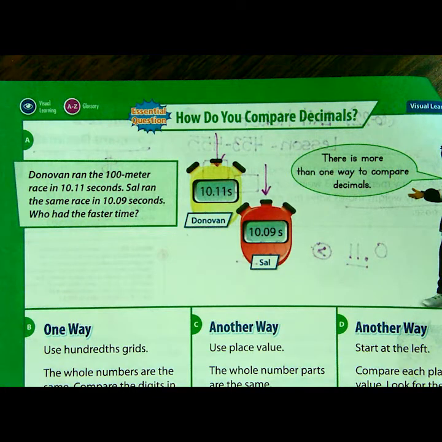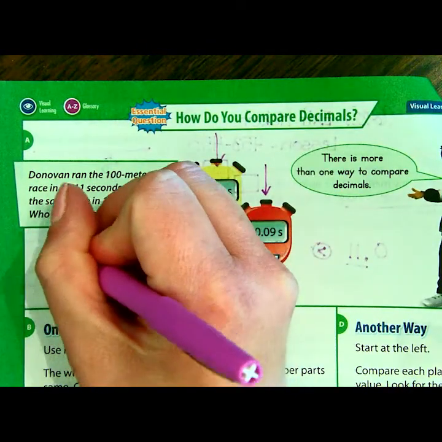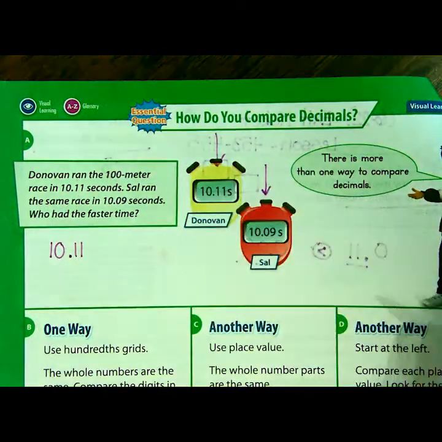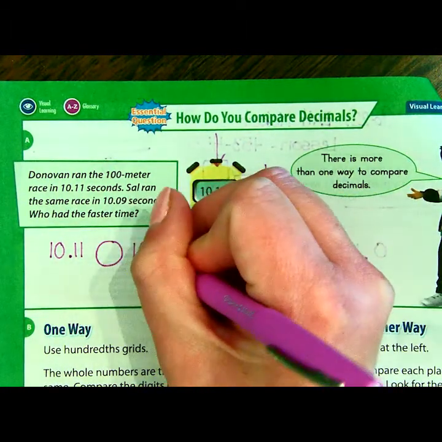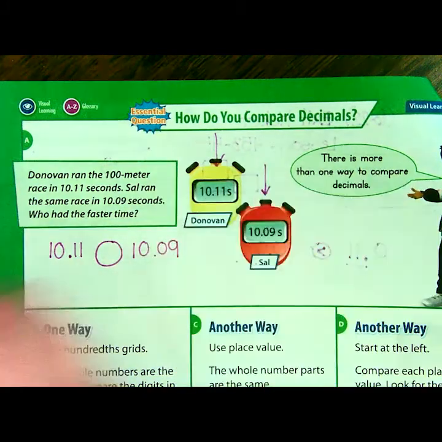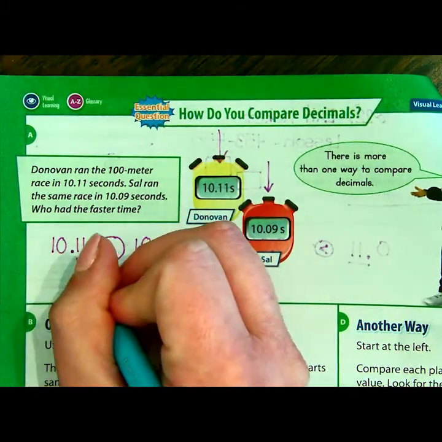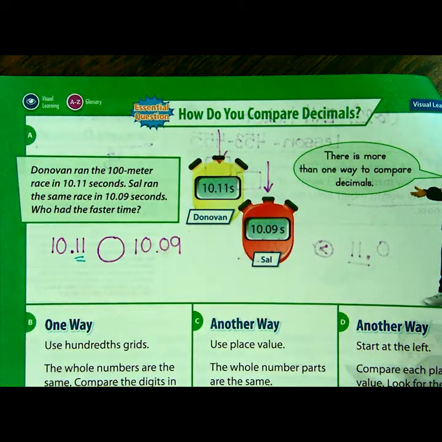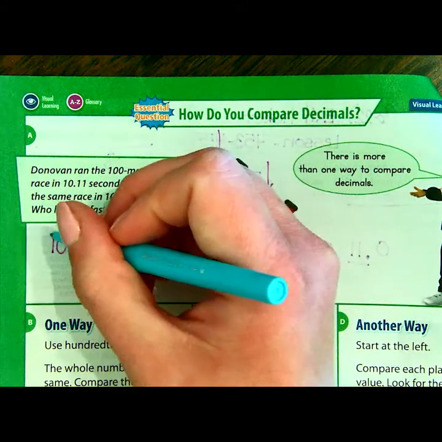So students, I think, are just so trained to look for the bigger number that we would just automatically say Donovan, because we're comparing 10 and 11 hundredths to 10 and 9 hundredths. If we were going to relate that to money, we would think of $10 and then 11 cents, or $10.09. We can't compare the whole numbers because they're both the same.